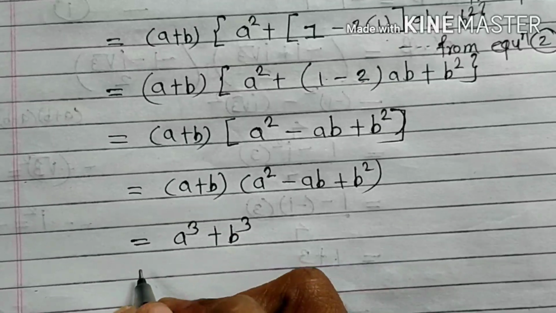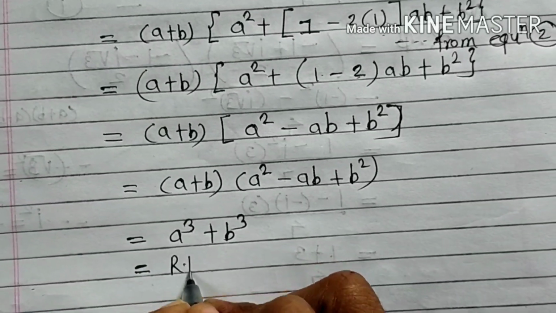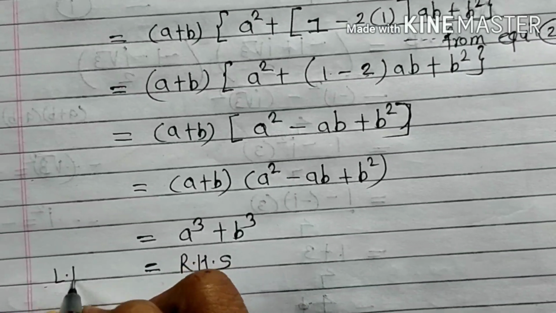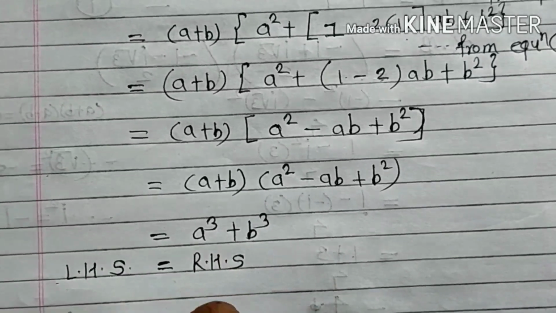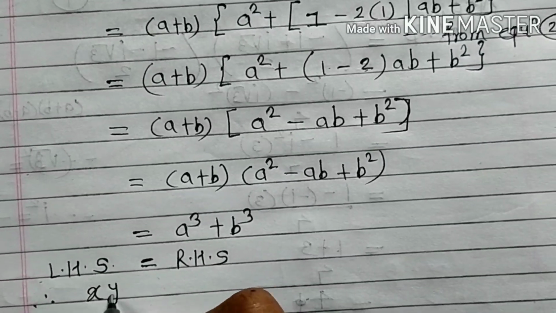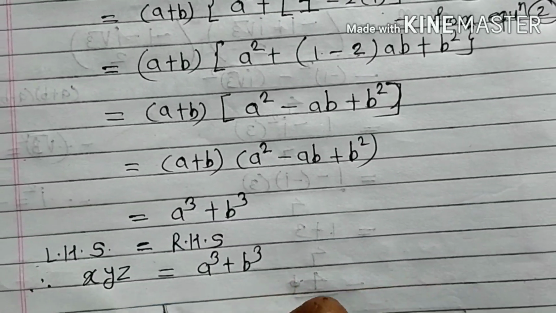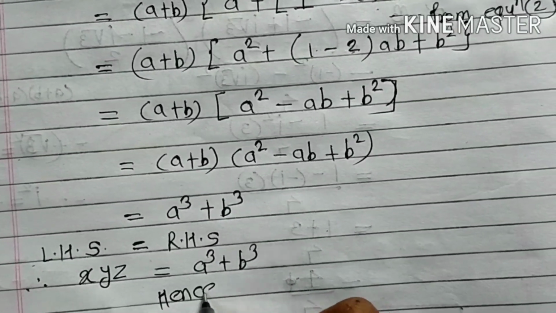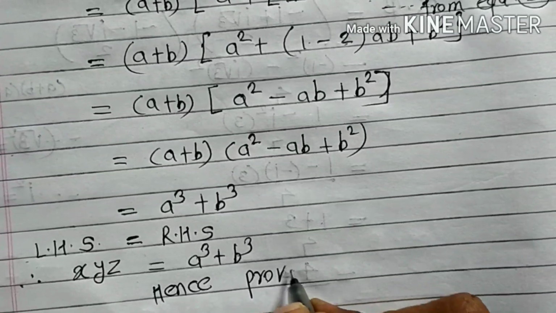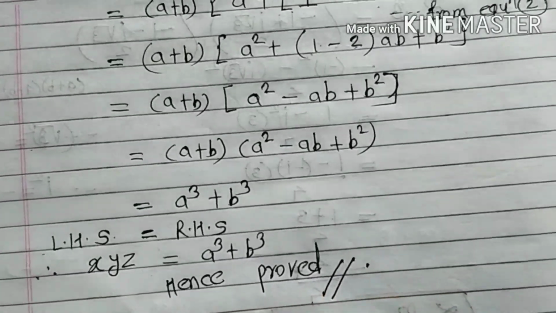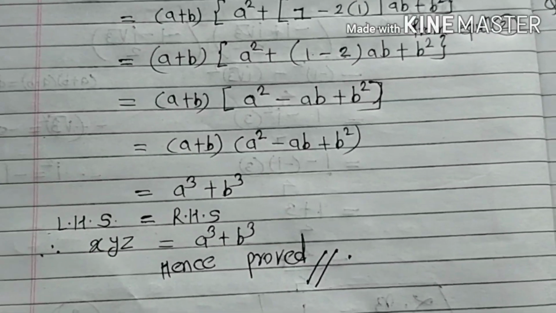Means this is RHS. So here we prove LHS equal to RHS. So therefore, what is LHS? X, Y, Z is equal to RHS, a cube plus b cube. Hence proved. So this is the proof of this equation.